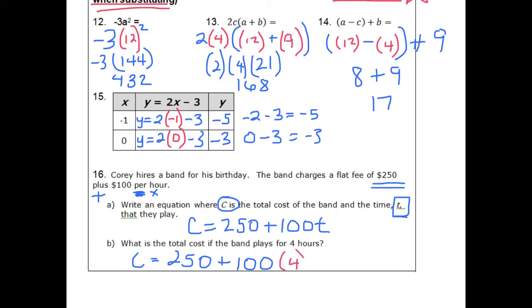We want to substitute in 4 hours. So our cost equals 250 plus 100 times 4, which is 400. So our cost equals 250 plus $400, which is $650.